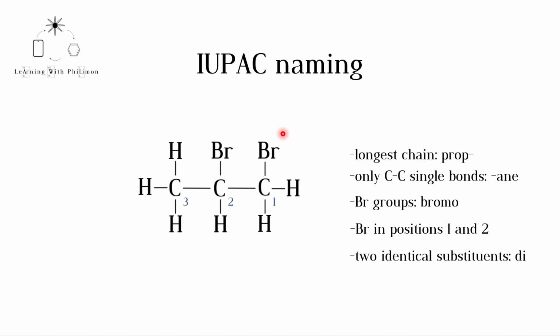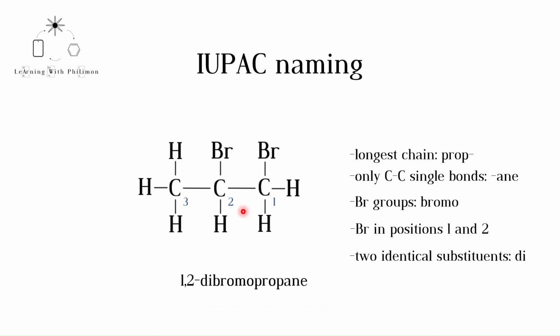The name of the compound is 1,2-dibromopropane. Note that as we are referring to both bromo groups, the numbers are placed together but separated by a comma. 1,2 indicates that there is 1 bromine on carbon 1 and 1 bromine on carbon 2.